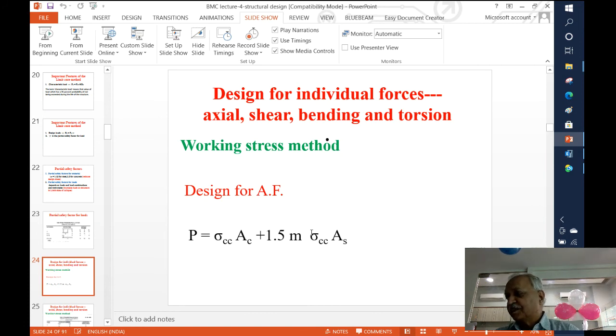steel and concrete. If we have got the combined material, that is a column with concrete and reinforcement, they are all bonded together, so they will deform equally because they are together. Concrete has got some modulus of elasticity, steel has got another modulus of elasticity.